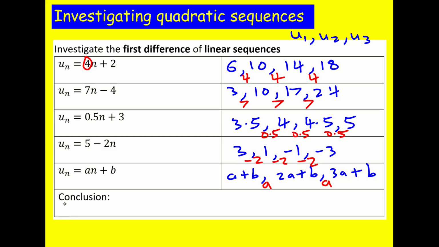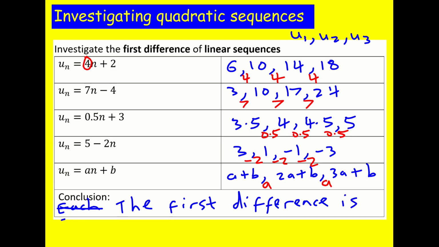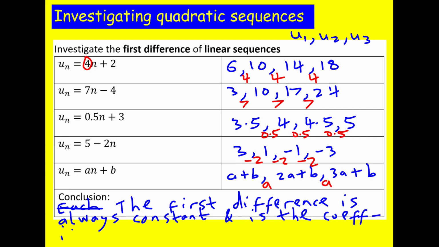And I suppose that's the conclusion. The first difference is always constant, and more specifically is the coefficient, that is the number in front of the n.